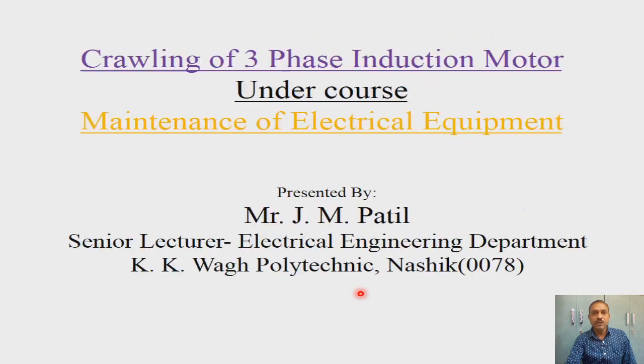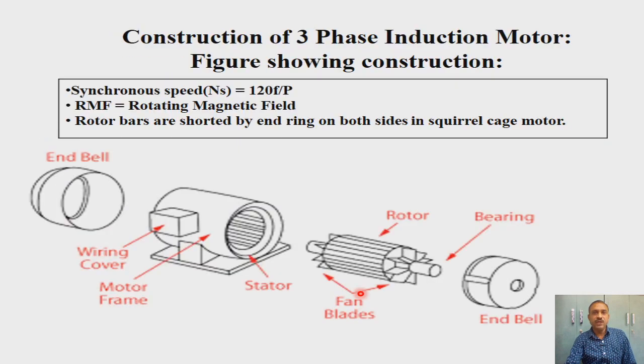Now, before we go into the crawling effect, let us revise the construction of the three-phase induction motor. The major parts are shown here. The induction motor will have a stator. This stator will have a distributed three-phase winding. When connected to a three-phase AC supply voltage, it will produce a rotating magnetic field.